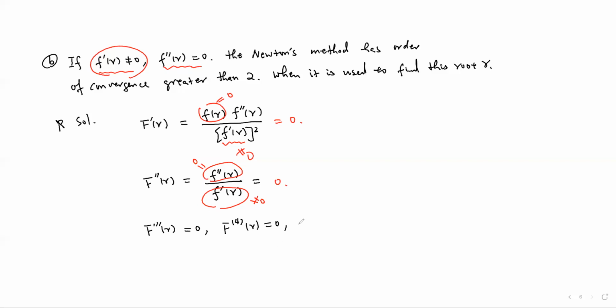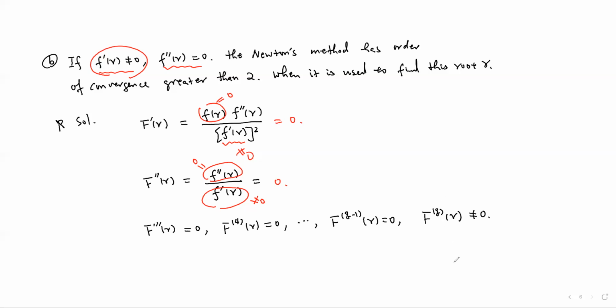Continue. At least there must be some integer Q such that taking the derivative Q times and evaluating at R is non-zero.